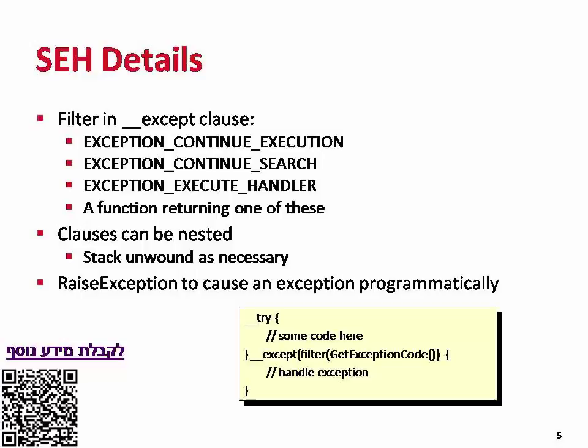A filter can be a constant as indicated above, but it can also be an expression, such as a function call, that results in one of these values. Inside the filter, a number of special SEH functions may be used. GetExceptionCode returns the exception code, such as exception_access_violation.